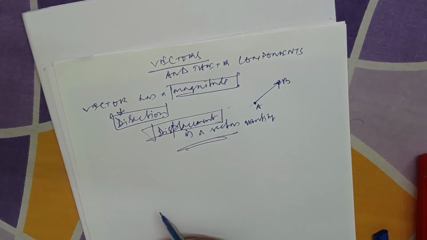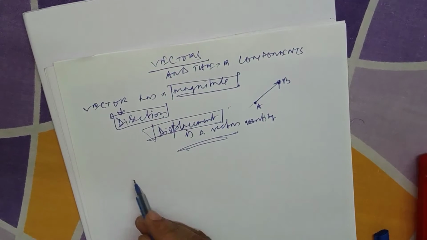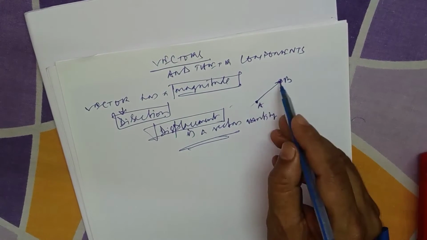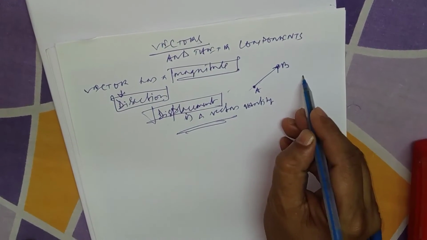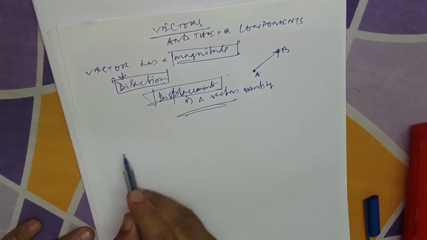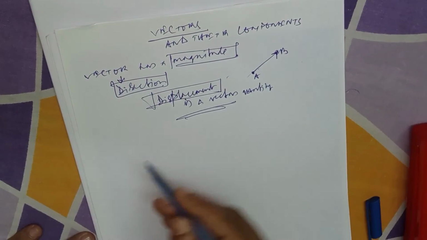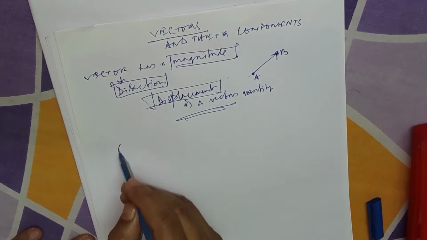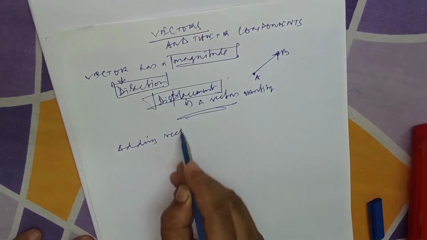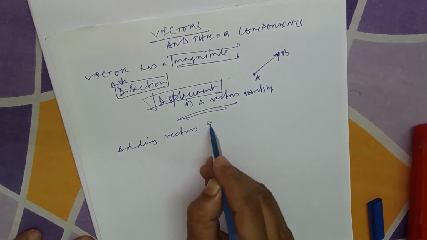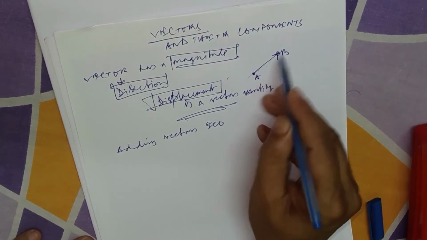Fine. Now a point can move from A to B. It can move to another point also, another place also. So some theories later came like this way, adding vectors geometrically. We also added here geometry, a straight line.